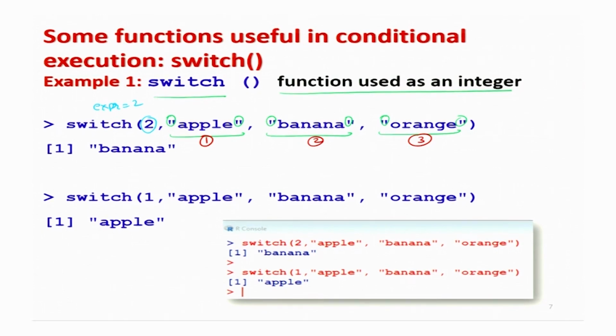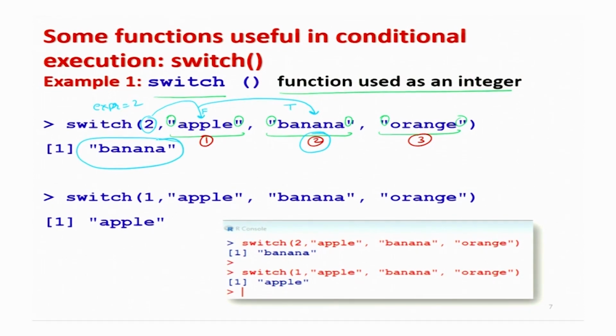This 2 starts, comes to the first location and tries to match. This is false because this is position number 1. So, it moves forward and tries to match the position number. This position number is 2 and this matches with this 2. So, it stops here and says that the condition is true and it will give you the value written here, which is banana.